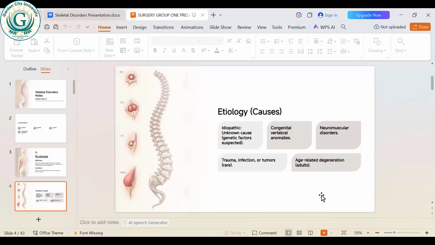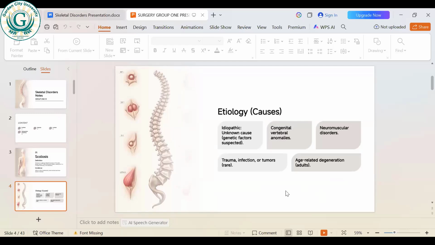The causes, or the etiology: mostly the cause is unknown, and the causes and the types are the same. So what causes it becomes the type. Idiopathic means we don't know what causes it, but some attribute it to genetic factors.